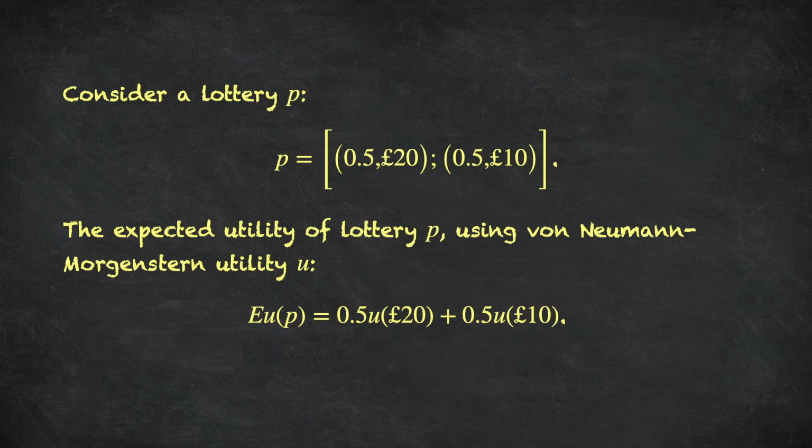In this case, to take the expected utility of this lottery P using a von Neumann-Morgenstern utility function, little u, we would take the utility of £20 using little u, and the utility of £10, and then the expected utility would be 0.5 times the utility of £20 plus 0.5 times the utility of £10.